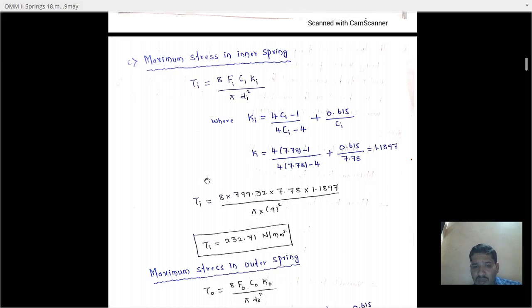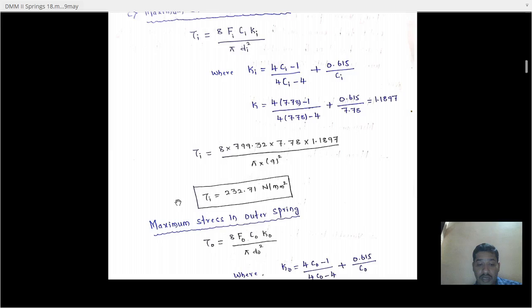If you divide the whole value, you will get 232.71. The unit is Newton per mm square. That is the value of the maximum allowable shear stress in the inner of the spring.